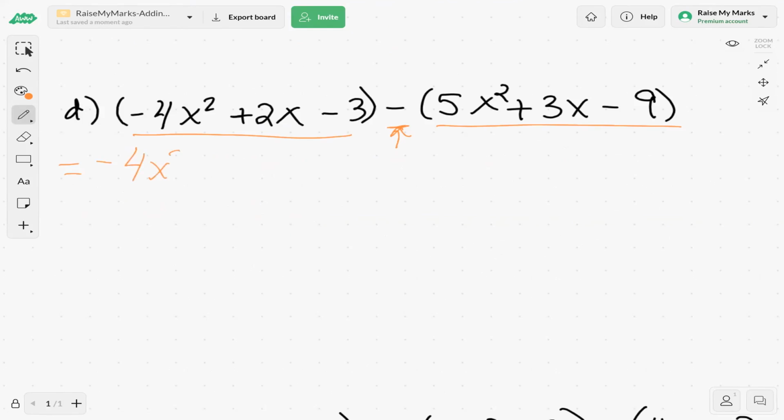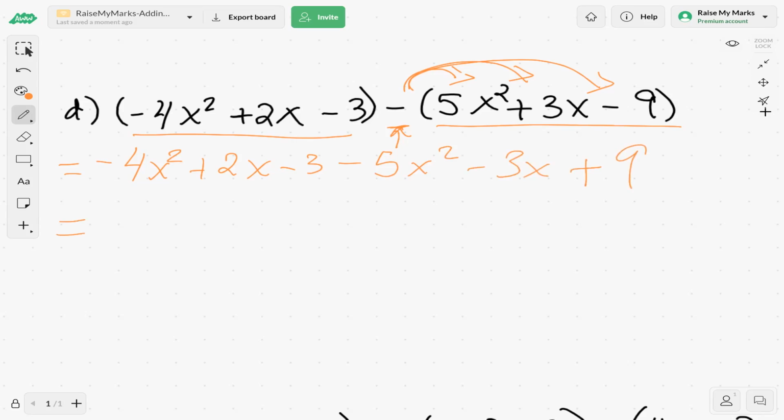We have negative 4x squared plus 2x minus 3. And then a negative 1. We're going to multiply the negative 1 into the bracket. So negative 1 times our first term, negative 5x squared minus 3x, negative 1 times negative 9 is positive 9.